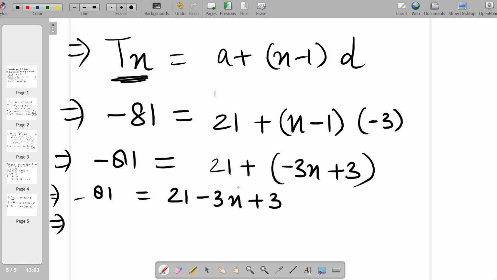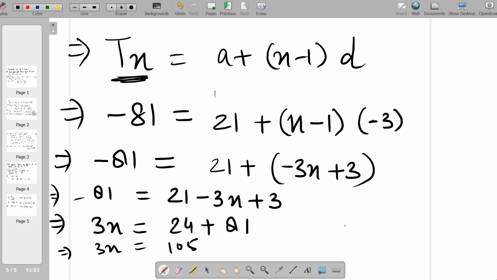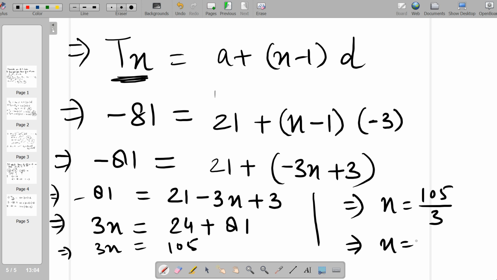Rearrange the terms, get this variable to this side. So this will give you 3n, and get all the numbers to one side. So 21 plus 3 is 24. 24 plus 81, so your 3n is equal to 105. So now n is equal to 105 divided by 3. So this will give you n equals 35.